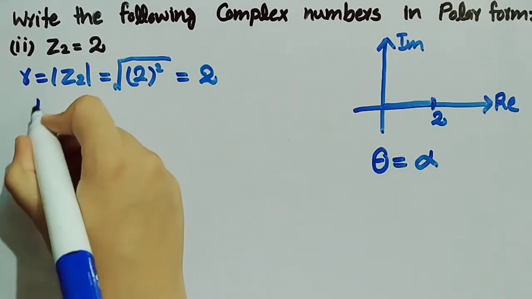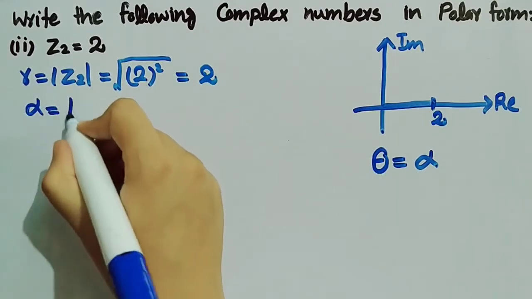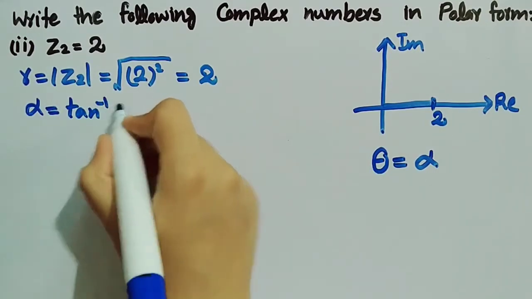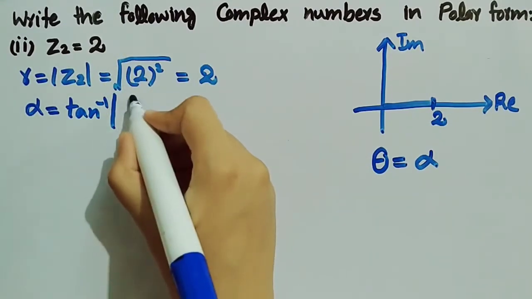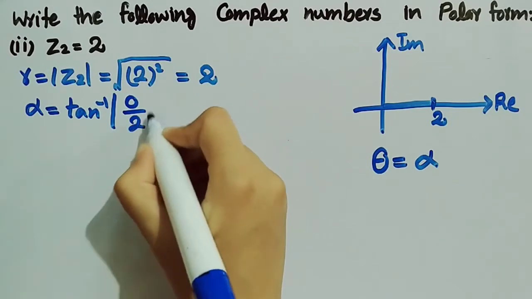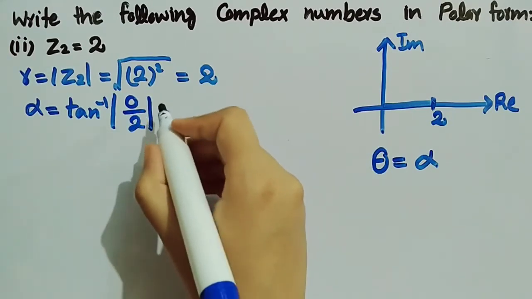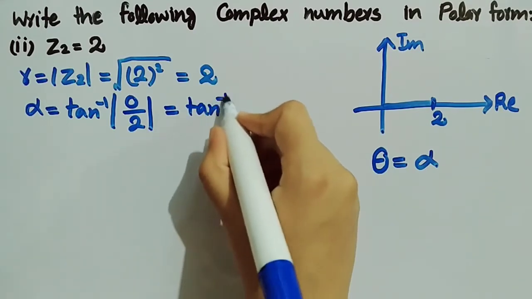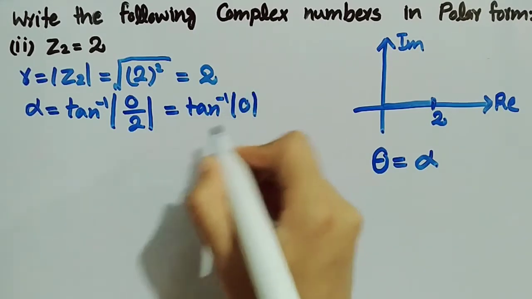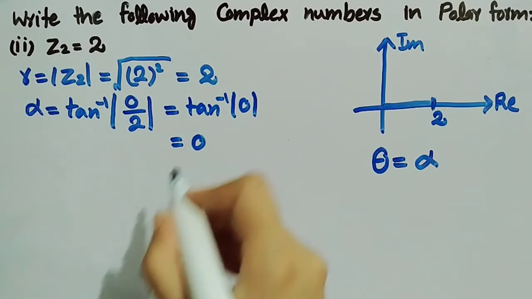Now we will find the value of alpha which is equal to tangent inverse of imaginary by real part. Here the imaginary part is 0, so 0 divided by 2, which is equal to tangent inverse 0, which is equal to 0.